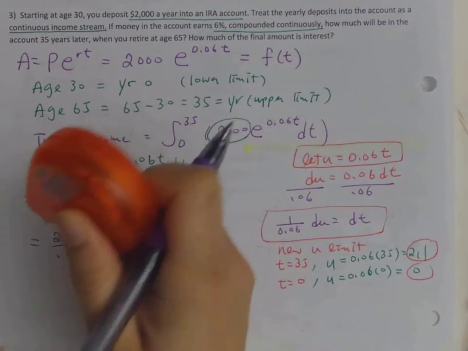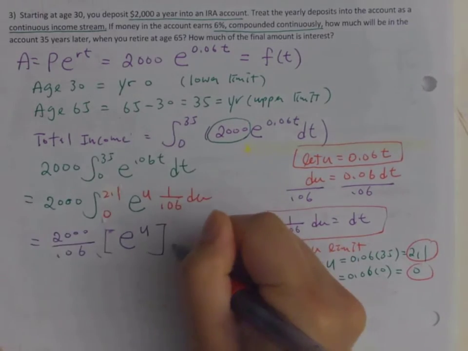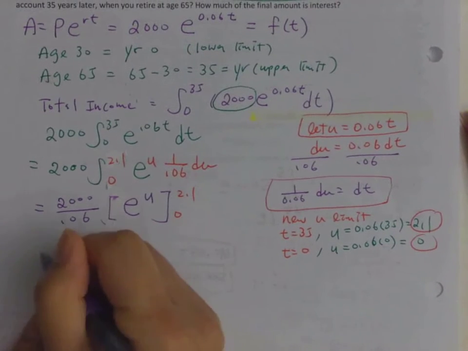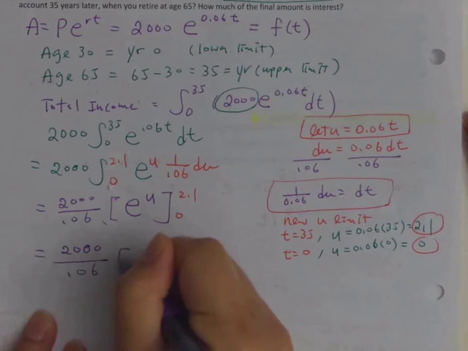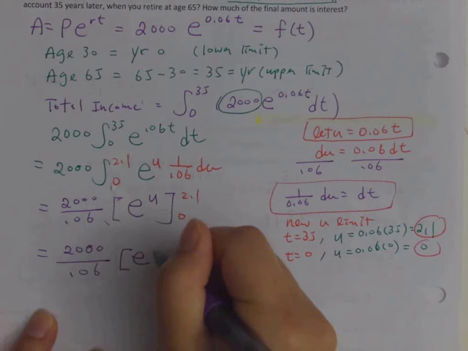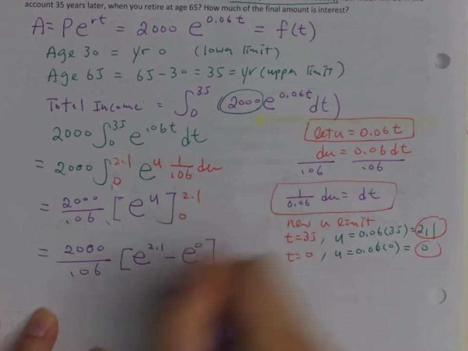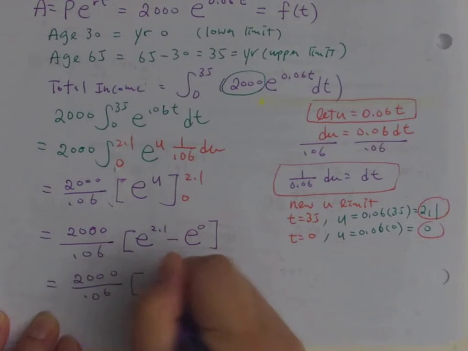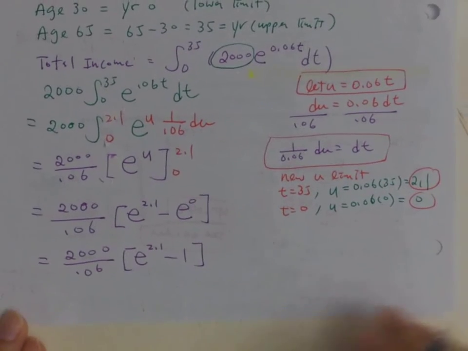That's a common mistake, people forget to put in the new limits. This is 0 to 2.1, right? So we got 2000 over 0.06 times (e^2.1, minus e to the 0, which is 1). I would suggest you just plug the whole thing into the calculator, because otherwise it would be a little bit off. If you plug this into the calculator, you can find the final answer.